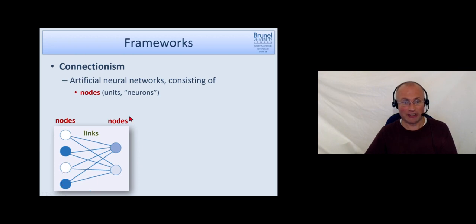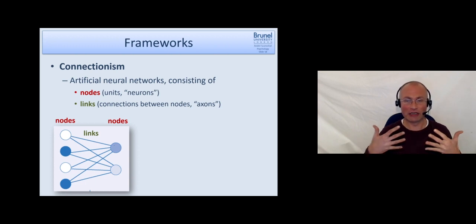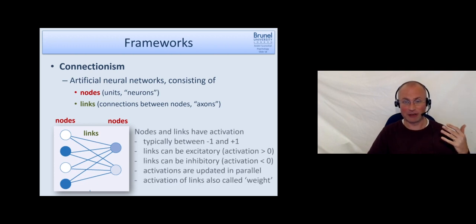So we have nodes here and nodes here, for instance, and then we have the links between the nodes, which are the connections, and they reflect the axons between neurons, so that information can flow back and forth between them. And there are quite a few further assumptions around that. Nodes and links both have activation, which is typically, just as a convention, specified as -1 and +1.